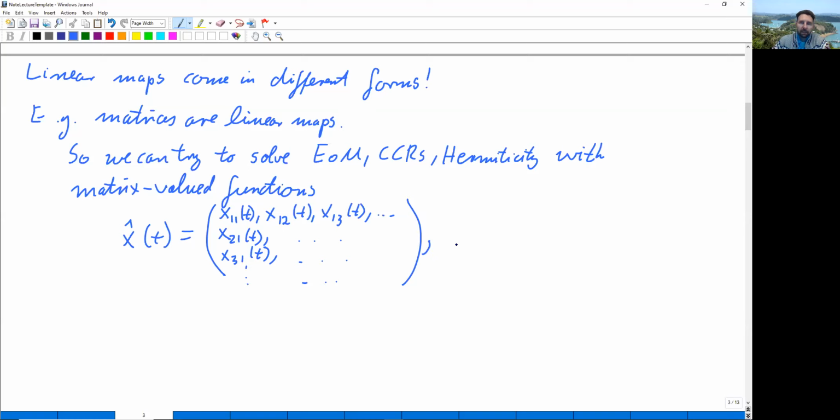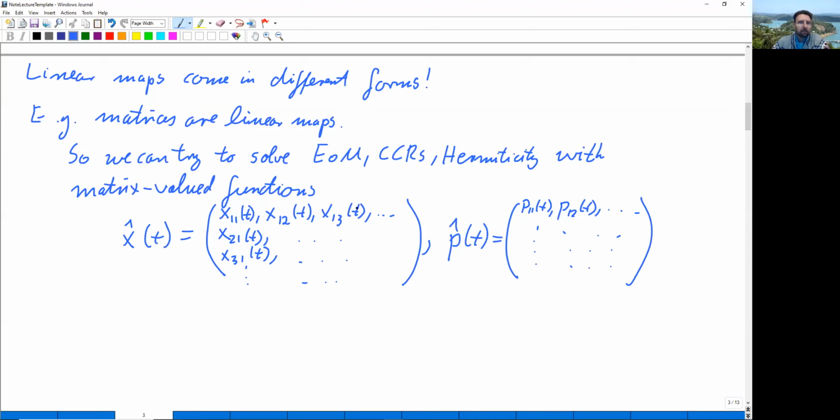Okay, and similarly, a p hat of t, which is also some matrix which will have matrix elements p11 of t, p12 of t, dot, dot, dot, and so on. Some full matrix, all full of stuff here. And these would be regular matrices with time-dependent coefficients. And by that I mean that these functions, such as x12 of t, are ordinary number-valued functions.